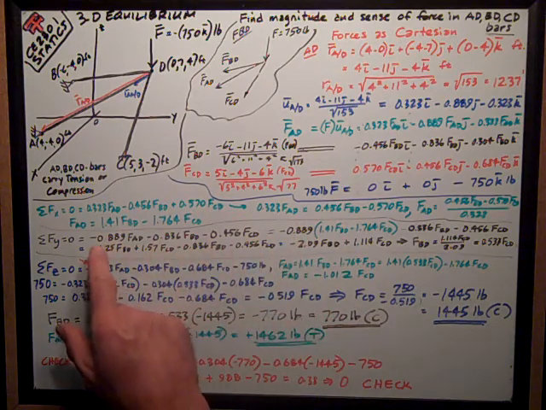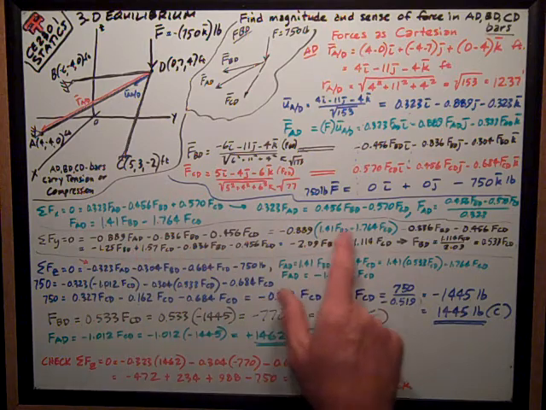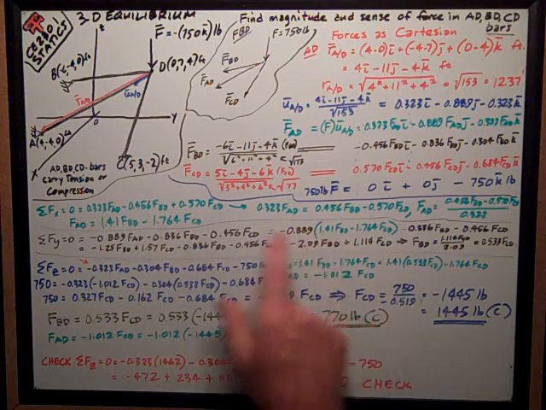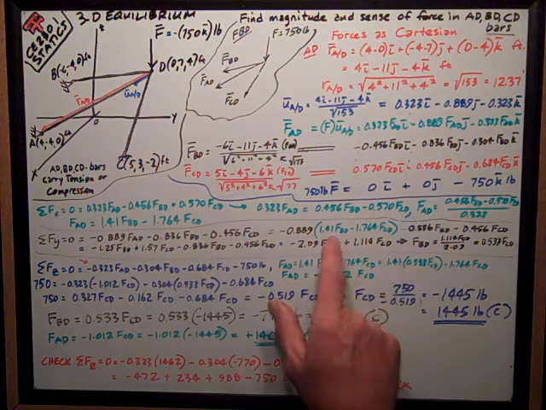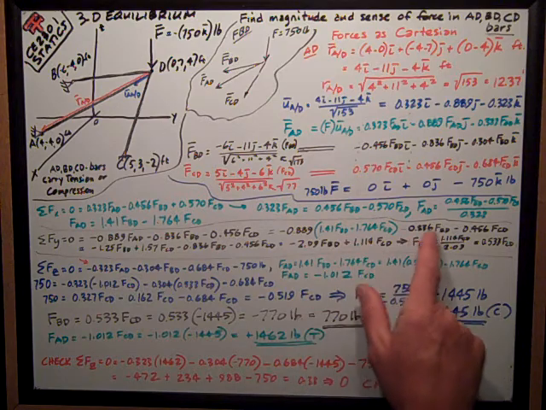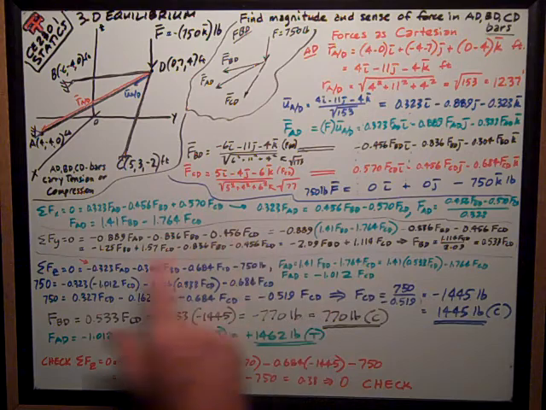My first term is negative 0.889 FAD. Here I want to substitute this value for FAD into there, negative 0.889 times this expression, and keep these other 2 for FBD and FCD. Do all the math.